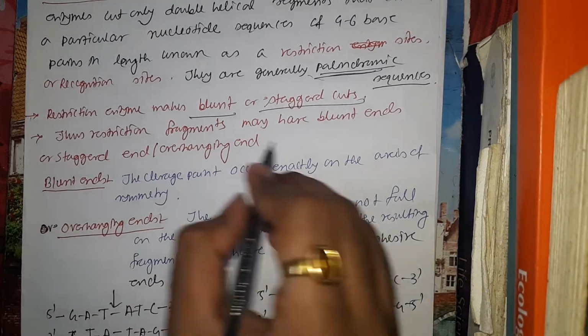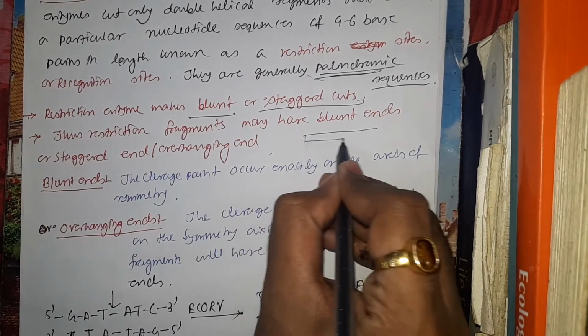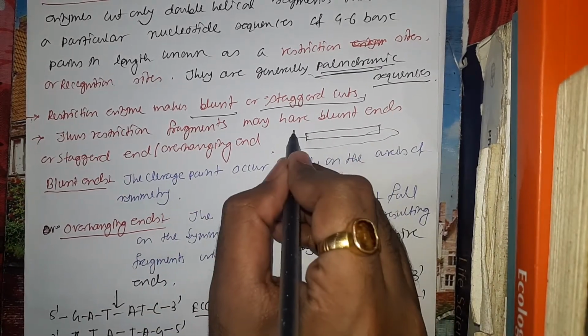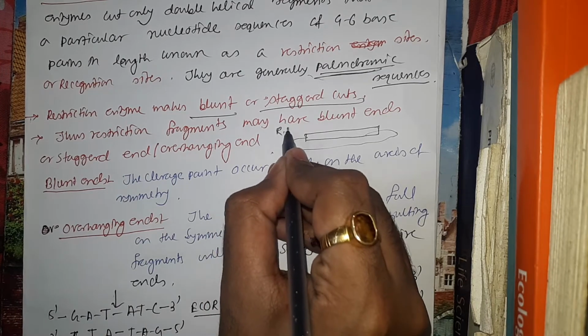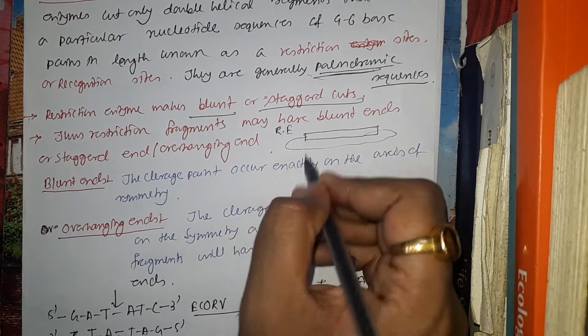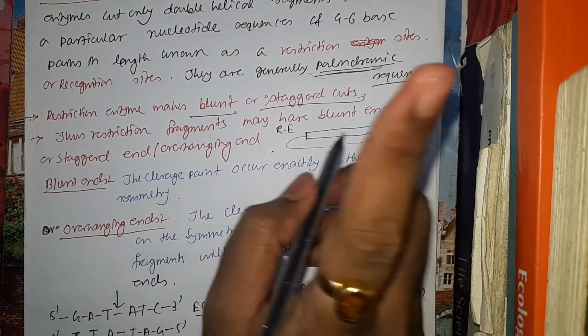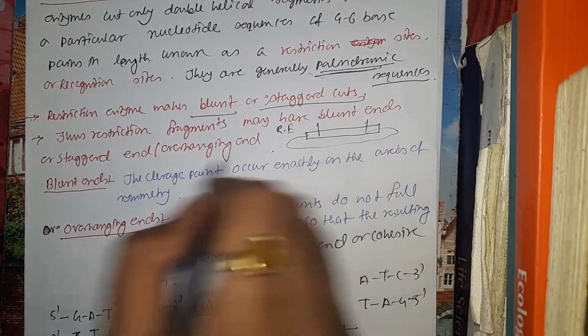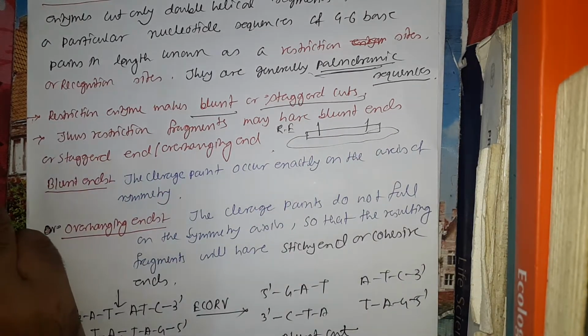Let's suppose this is your target DNA sequence from a large DNA molecule, and the restriction enzyme will recognize this target DNA sequence, and then it can make two kinds of cut. One is your blunt cut, another one is your staggered cut. Any one, not both.